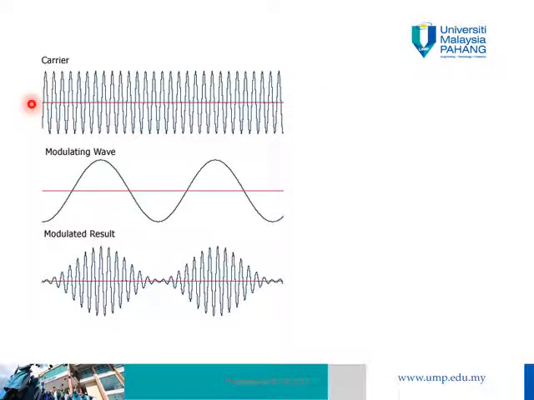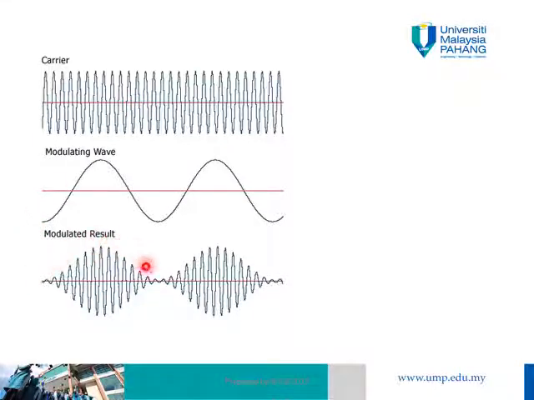It has a very high frequency compared to modulating signal. So modulating signal has very low frequency compared to the carrier signal. So in the modulation process, this modulating signal and carrier signal combine together to become modulated signal.